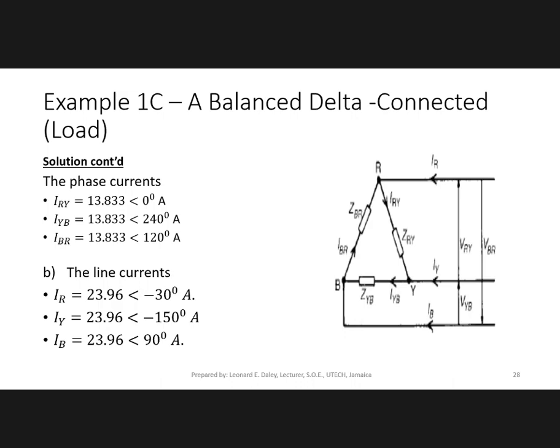No, it depends on what you're required to do, right? Like in this one, they ask you to find the line currents. So it's not only the magnitude now, but they want the angles also. What you're saying we will use later on also, right? So it depends on what is being asked.